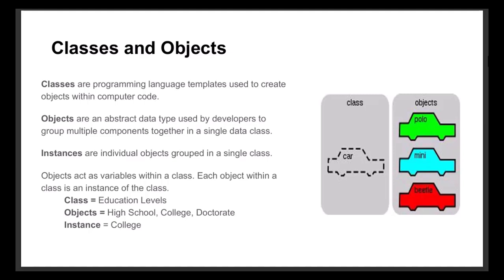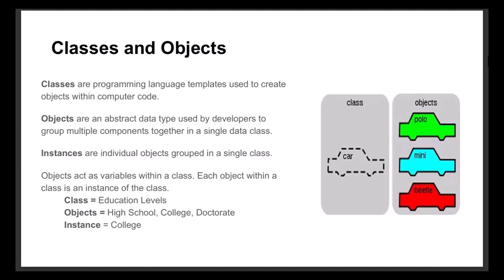Let's use an example. Let's say I want to create a class within my program code for education levels. This will be how far a user went in their education journey. The class will be education levels, and the objects within the class are high school diploma, college degree, and master's degree. These would be examples of objects within the class of education levels.